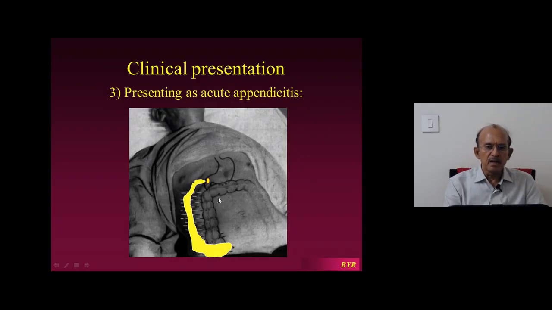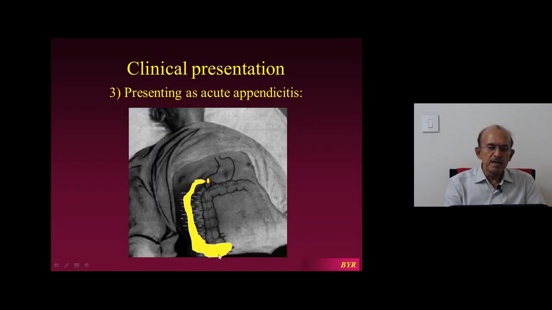So the initial complaint of the patient will be pain in the upper abdomen. After a few hours, what happens? Because the leak is very small, the fluid goes into the paracolic gutter. Paracolic gutter means the space by the side of the ascending colon. So it goes by the side of the ascending colon in the gutter and comes down due to gravity. And it accumulates in the right iliac fossa.